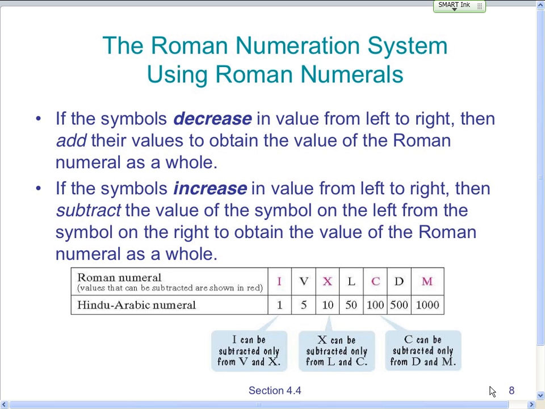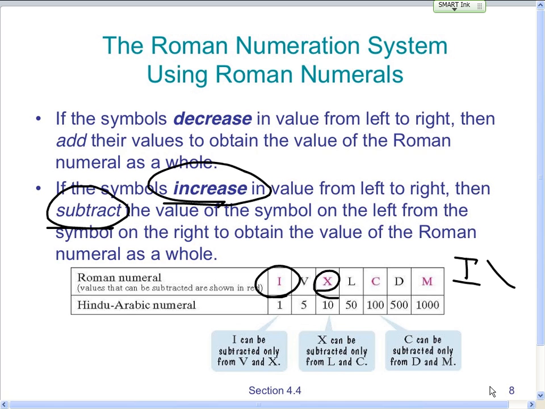On the other hand, if the symbols increase in value, then you subtract. So we've got a small number I, we've got a large number X, I is smaller than X, we subtract. Subtract.